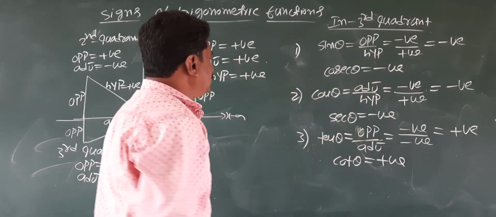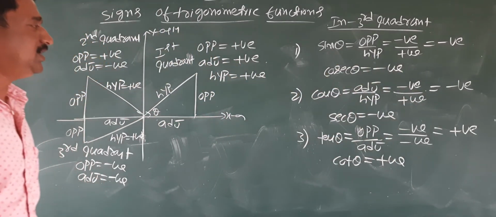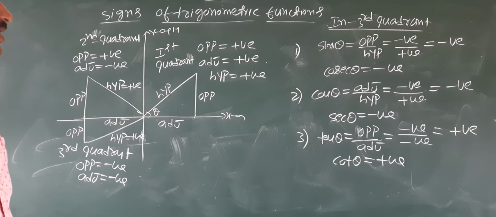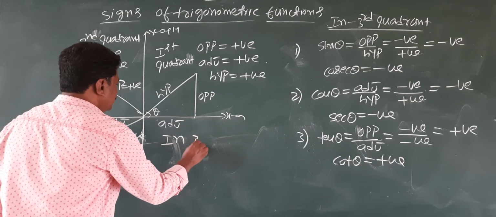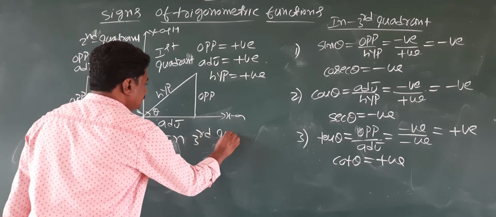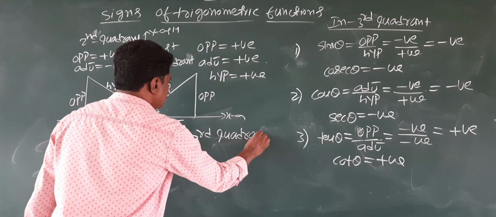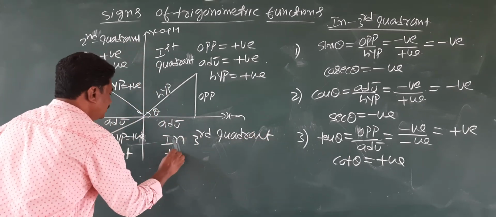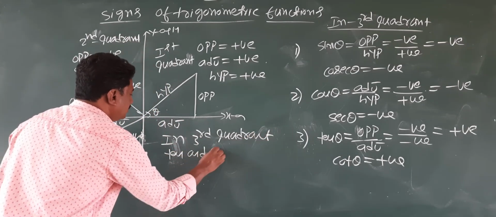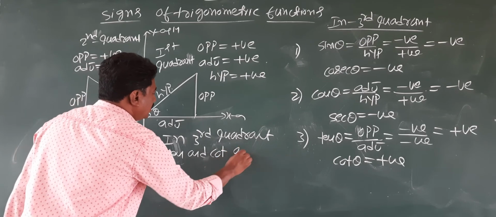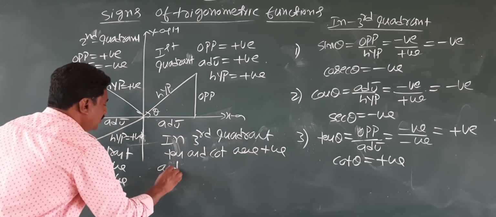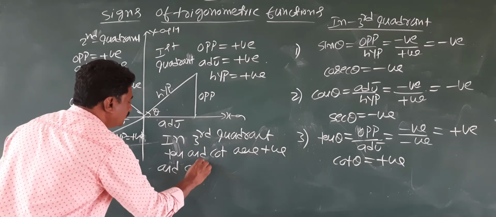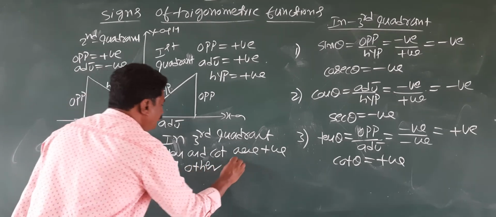From this it is so clear, students, in the third quadrant, tan and cot are positive and other functions are negative.